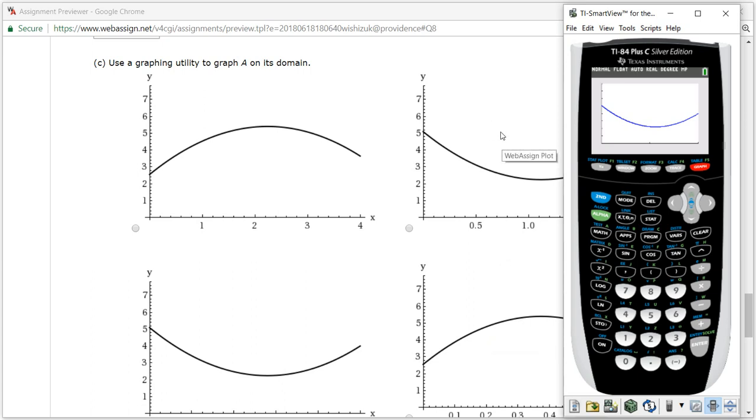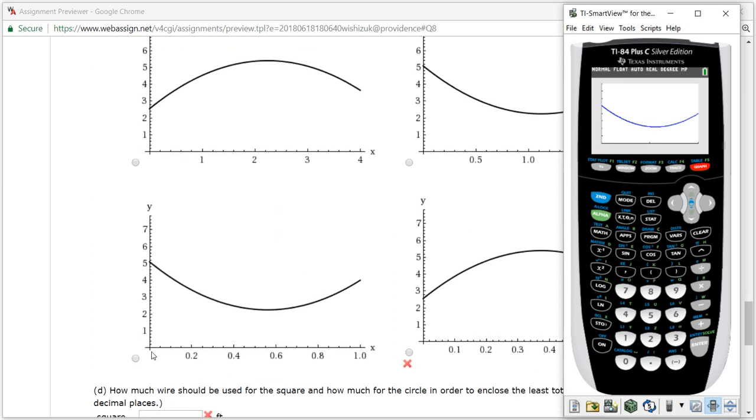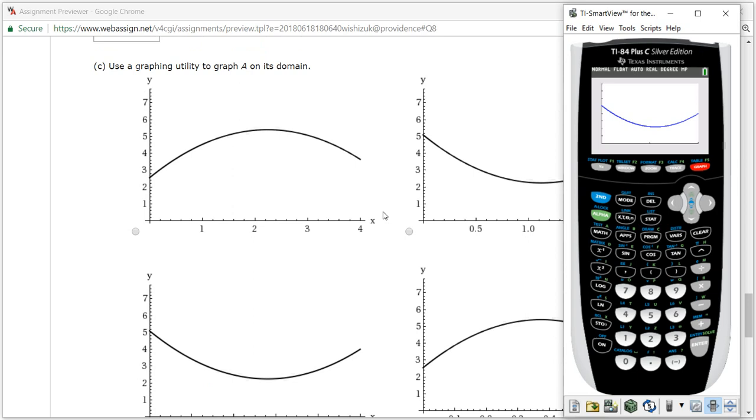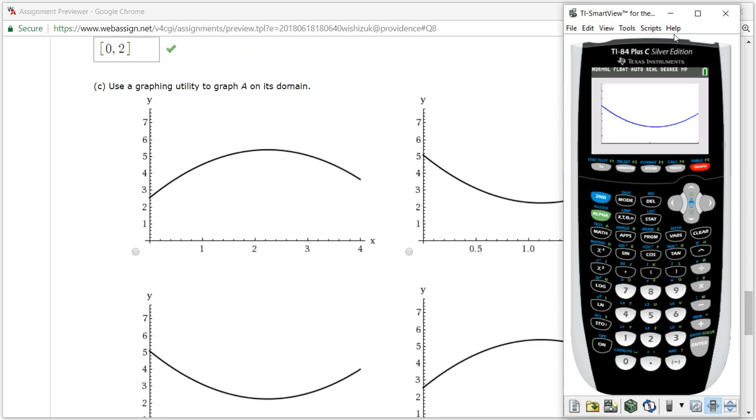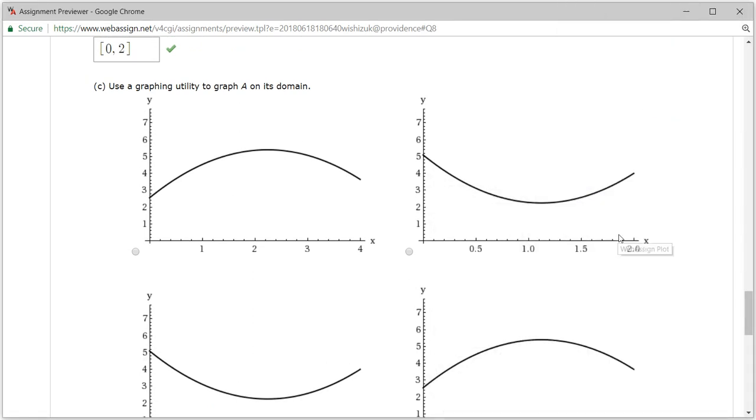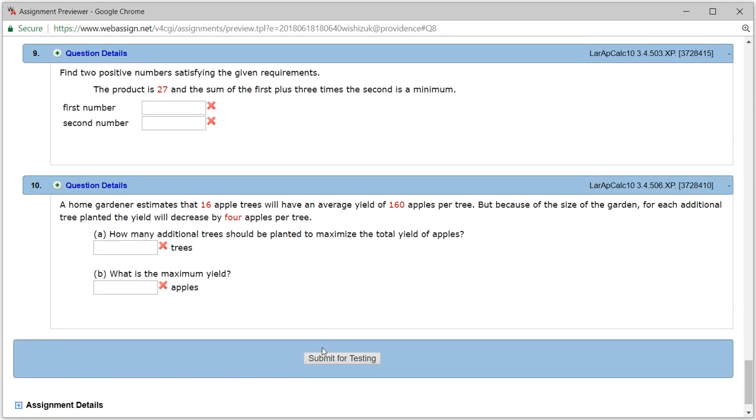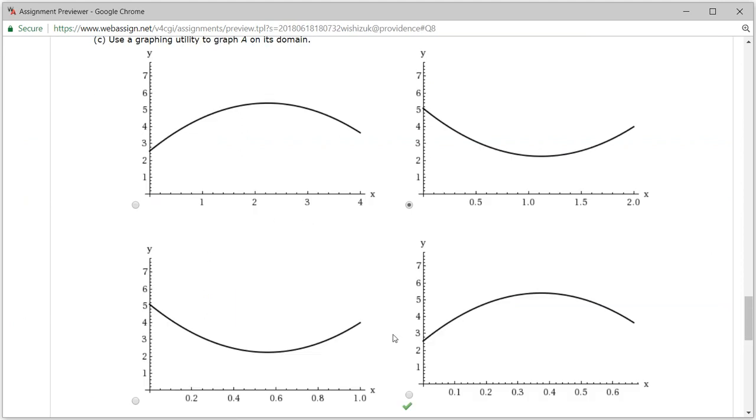So it's either the second one or the third one. The third one goes from 0 to 1, and the second one goes from 0 to 2, so this should be the correct picture. Let's check the answer. Submit for testing. It came back and it looks like we got the correct graph.